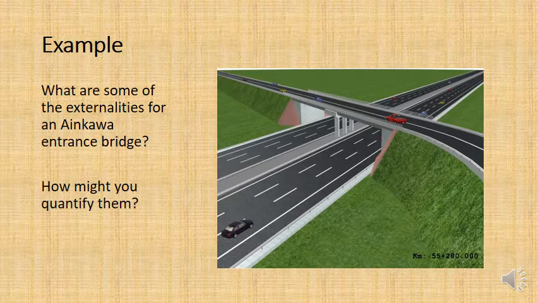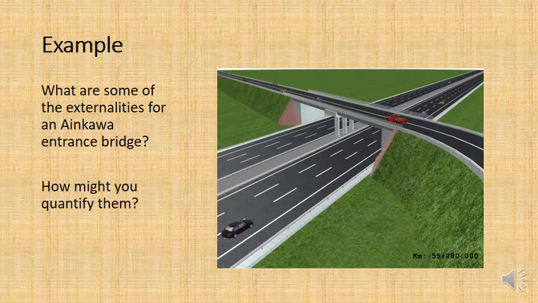There's the externality of this bridge probably employing maybe 500 people in the construction of it. That means that for several months, 500 families will have bread on the table. There won't be as much poverty in Erbil as there would have been if they hadn't built this project.